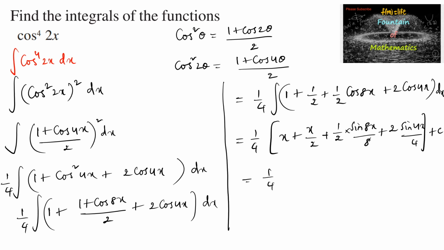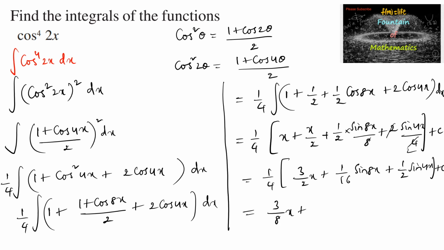So we can add: 1 by 4 times of 3 by 2 x plus 1 by 16 times sin 8x plus 1 by 2 times sin 4x plus c. Or we can also write 3 by 8 x plus 1 by 64 times sin 8x plus 1 by 8 times sin 4x plus c is the answer.